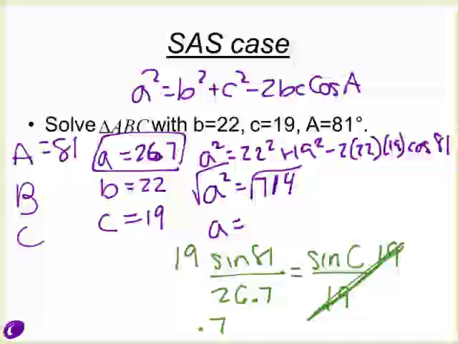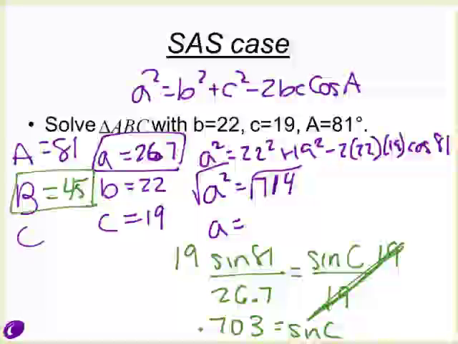You get about 0.703 is the sine of C. So we need to take our second sine or inverse sine to get about 44.6 or 45. For angles, we can go to the nearest whole number. Oh, thank you. Yes, that's supposed to be C.